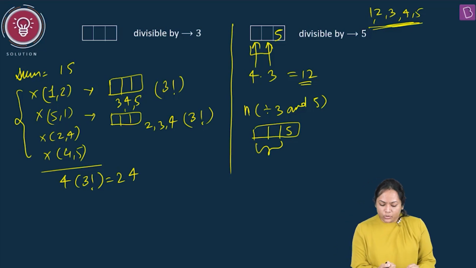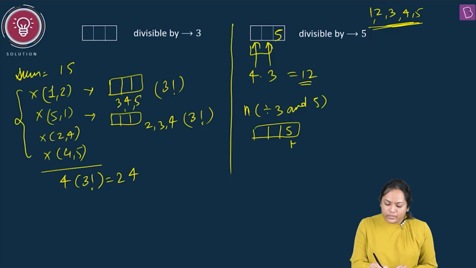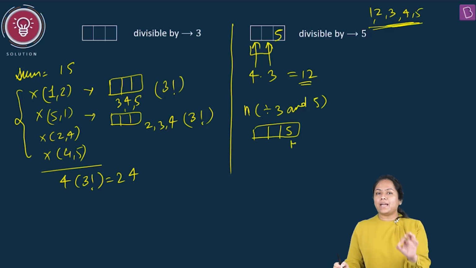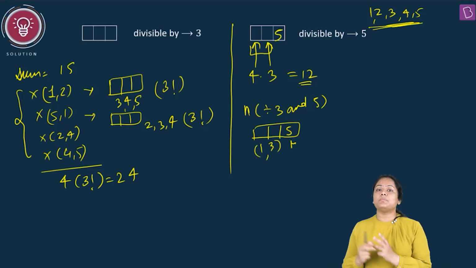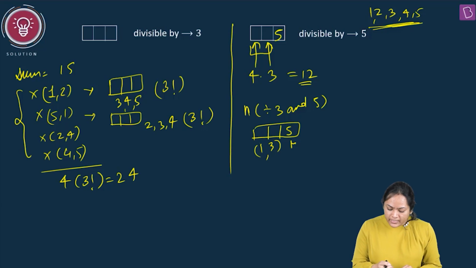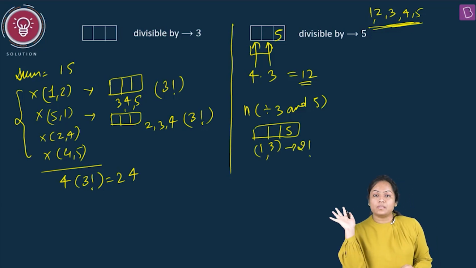Well, we can quickly look at that also. This is already 5, right? So my sum of numbers cannot be 6. The next possible sum is 9. If my sum is 9, I should have 1 and 3 placed over here, such that the sum is equal to 9. So 1 and 3 can be arranged in how many ways? That can be done in 2 factorial ways.